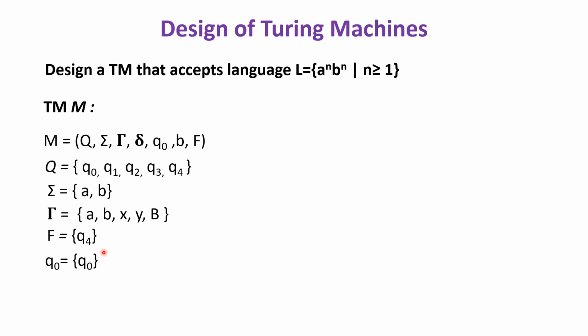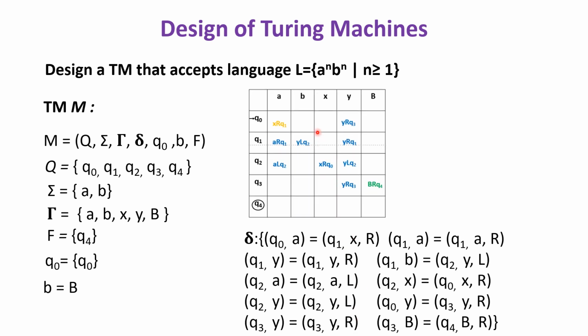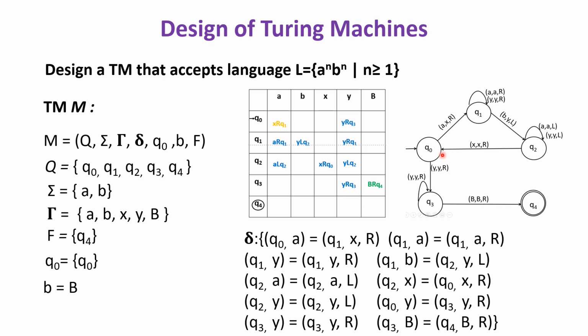Final state is Q4 and initial state is Q0. Blank symbol is represented by B with 10 delta transitions represented in the form of a transition table and transition diagram. This is how we go for designing the Turing machine.